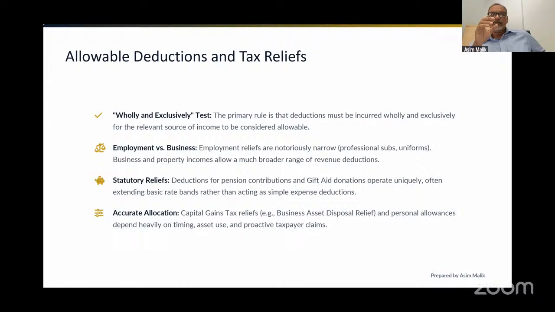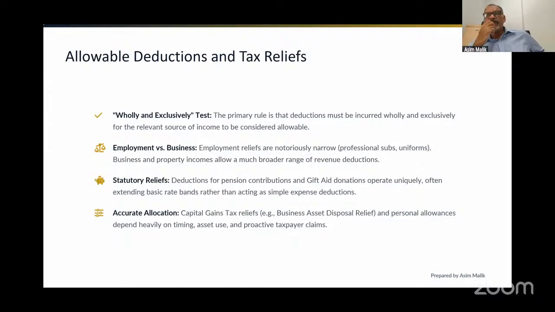And then there are also some reliefs available to the taxpayer. For example, if a person is contributing toward a pension, there's a limit on how much you can contribute, which again you need to look into.